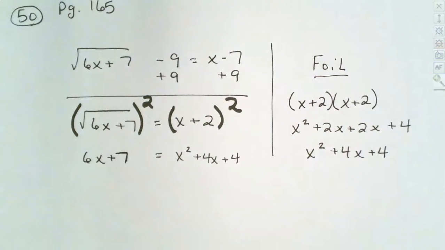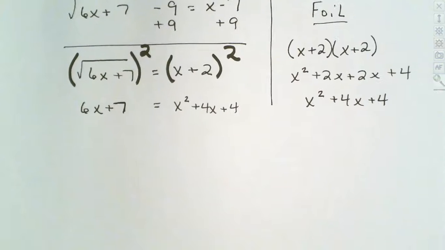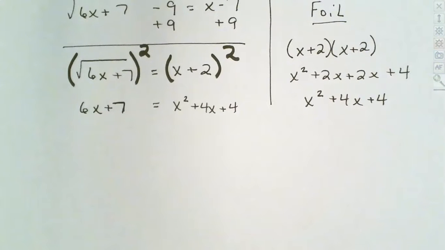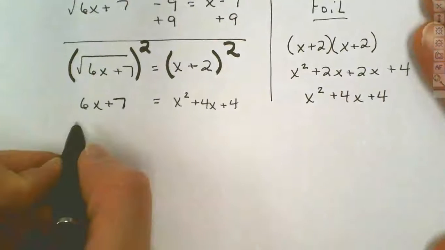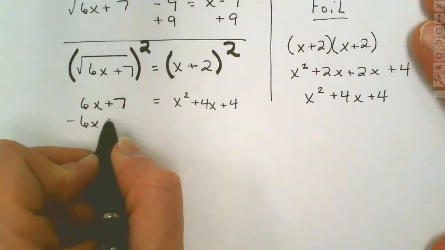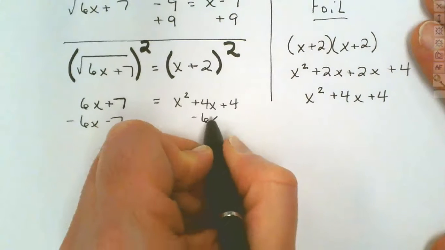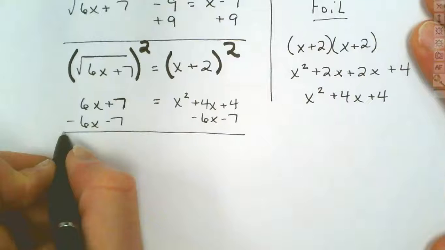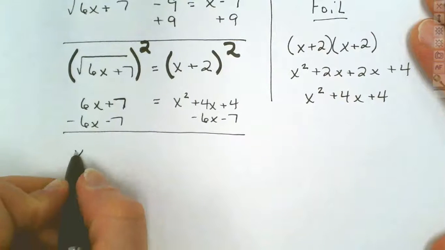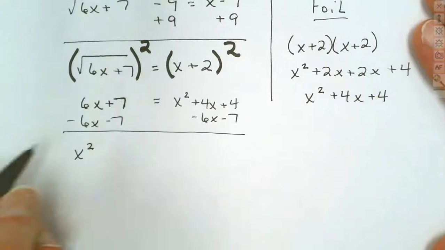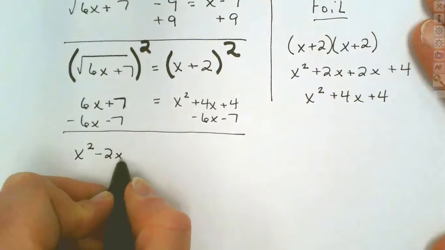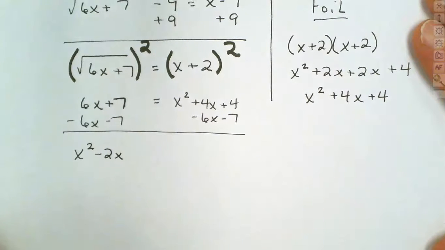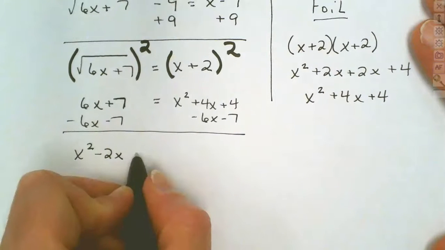Now we should be able to go ahead and finish this by setting it equal to 0. So move that 6x over and that 7 as well. That then leaves you with x squared, a minus 2x, and 4 minus 7, that leaves you with a minus 3.